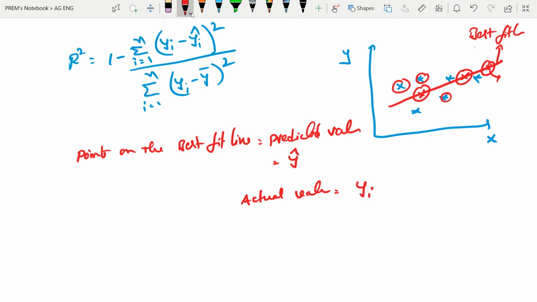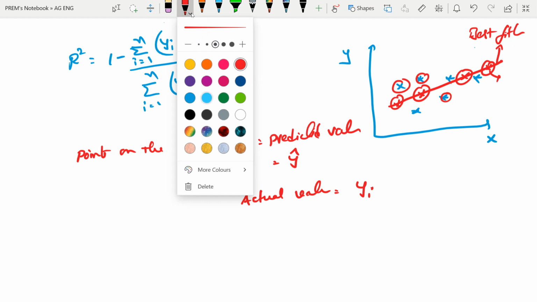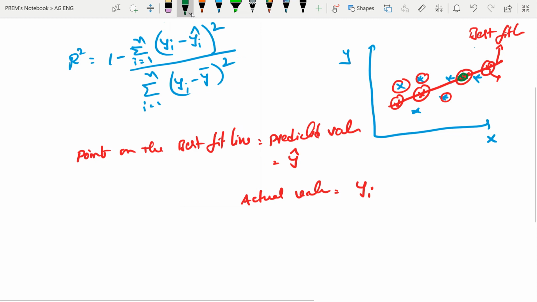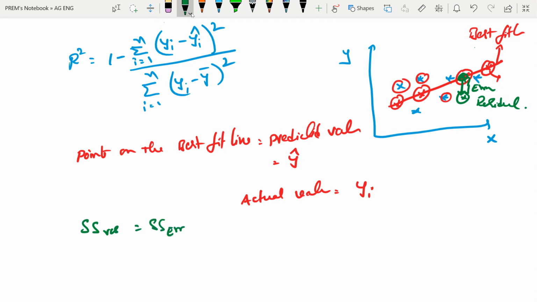There is a difference between y and y hat. This difference is nothing but the error. This error is also called the residual, which is why we call it SSRES or SS error, the sum of the residuals.